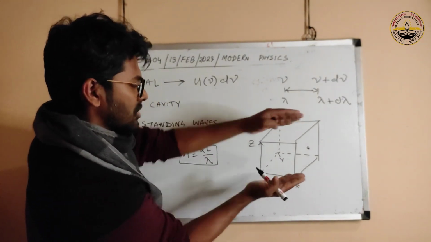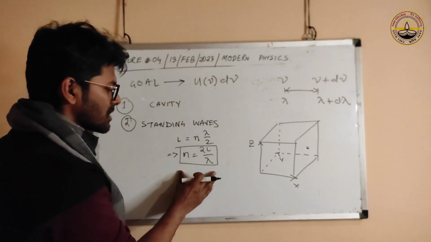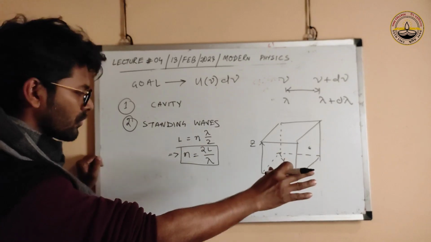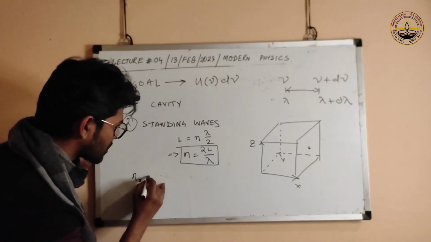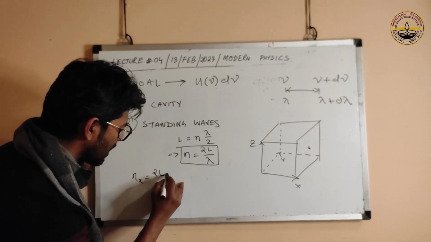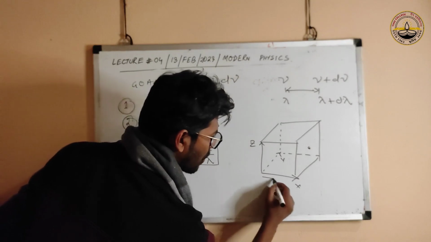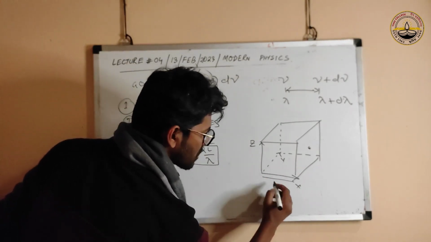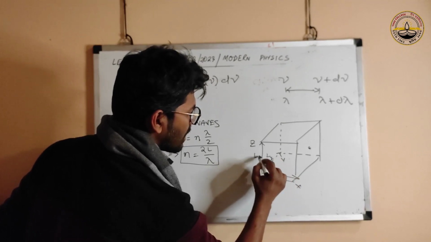Similarly in the Z direction. So independently, this must be satisfied in all three directions. What that means is nx will again be 2lx by lambda, if the lengths of this box were lx, ly and lz.